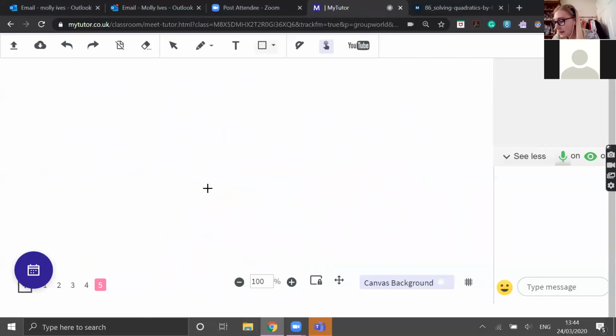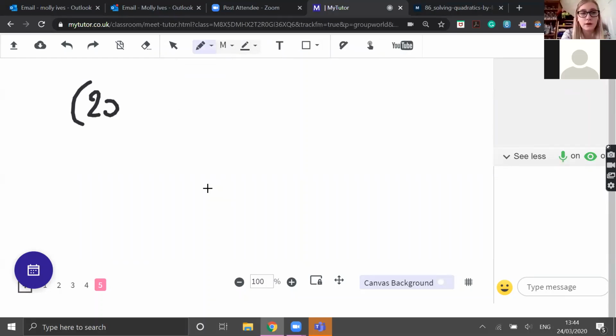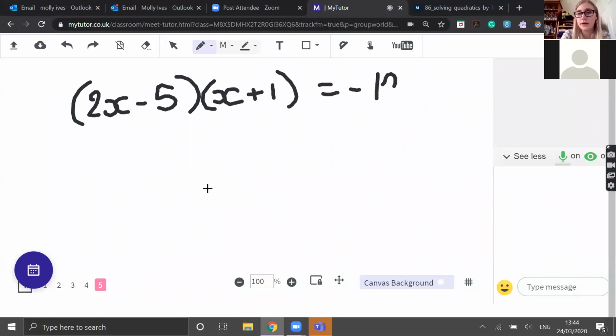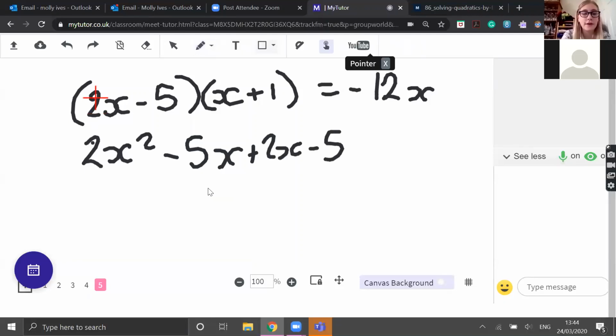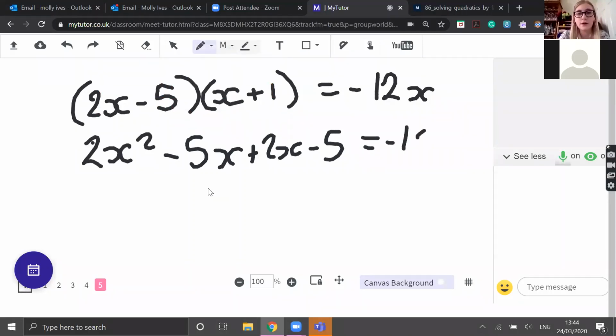Okay, let me do this one for you. 2x minus 5, x plus 1 equals minus 12x. So I'm going to rush through the expansion so that we can focus on the factorization and have time for questions. So 2x squared minus 5x plus 2x minus 5 equals minus 12x.